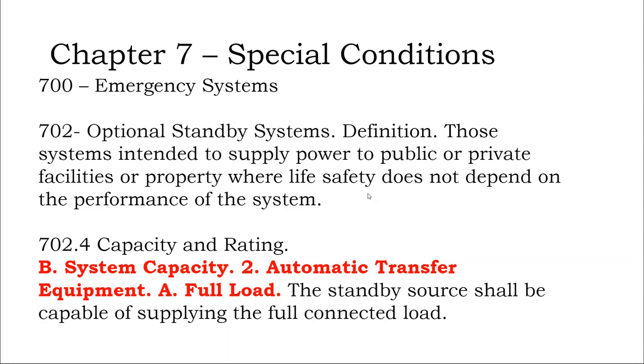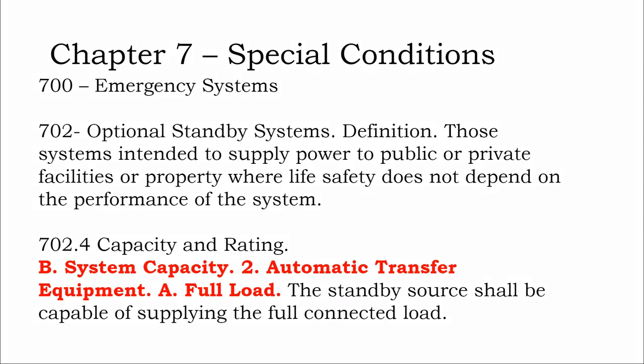But here's the thing: even with standby systems, it says, if you're going to have a load on an automatic transfer switch so that you don't lose power during a non-emergency power outage, a typical power outage, your source has to be capable of supplying the fully connected load.